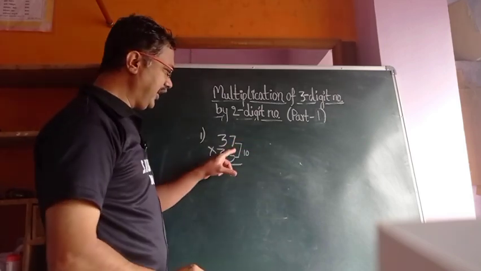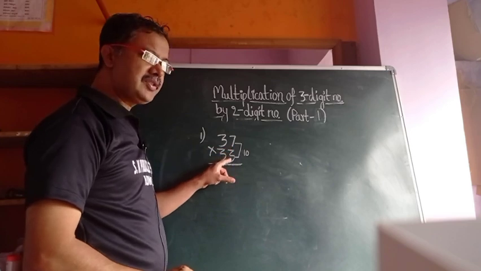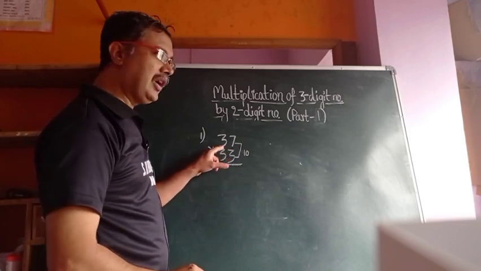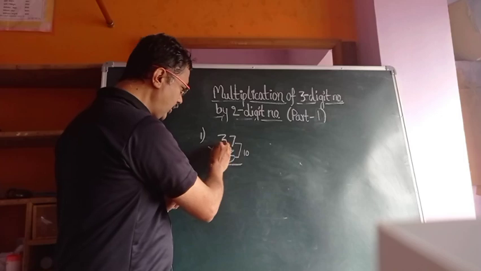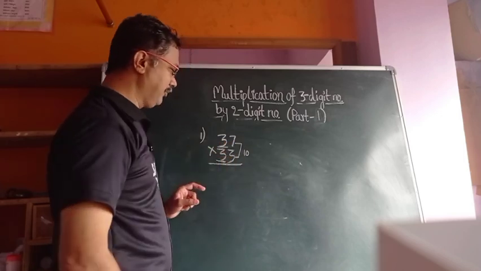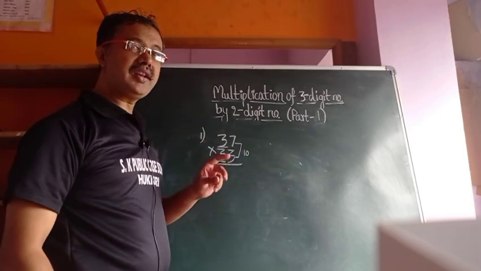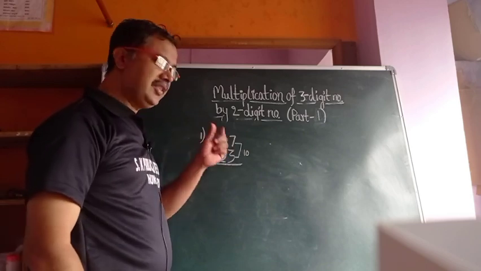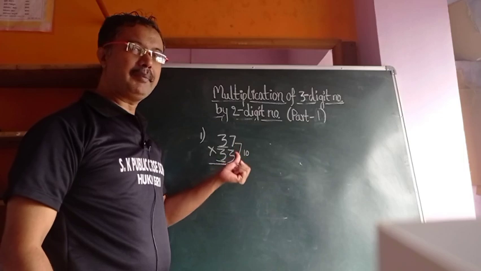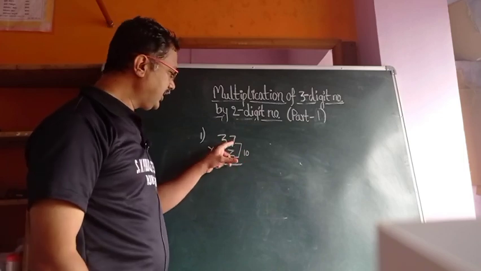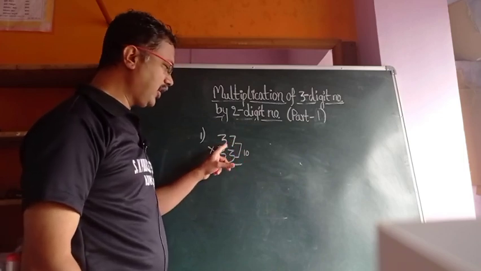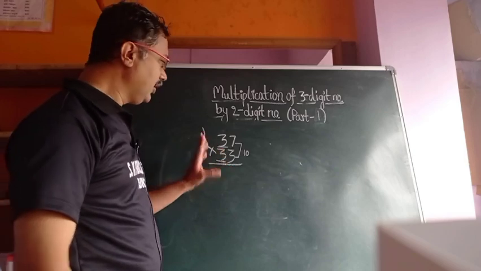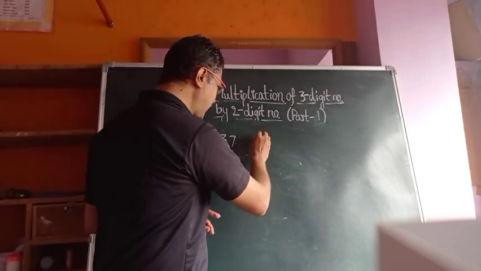When it becomes a 10, and in tens place, both the numbers are the same, in that case you can apply these tricks. 37 into 33. Okay, another few examples I'll take.